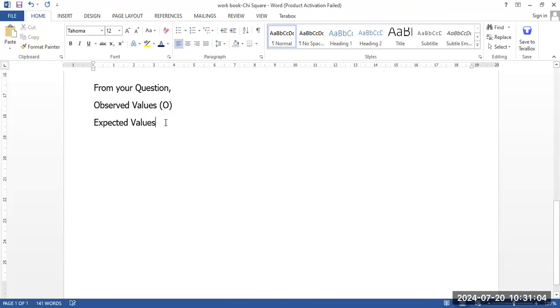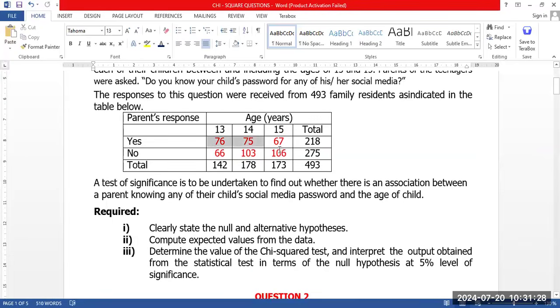What was your expectation initially? So that is basically what we are trying to get. This one, because it is not given. What is given is the observed values. These are our observed values.